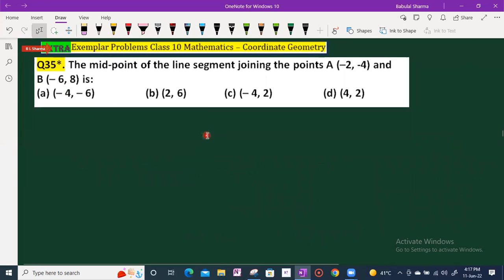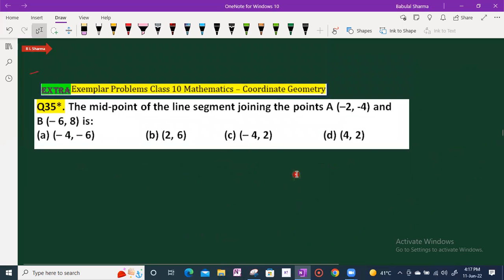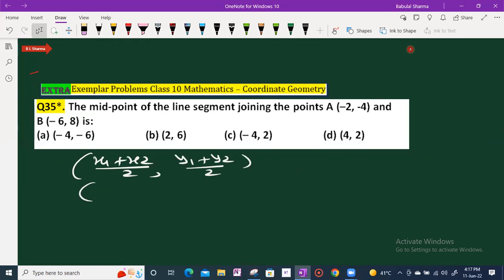Next question. The midpoint of the line segment joining A (-2, -4) and B is... we know the midpoint of a line segment with the given endpoints is (x1 plus x2) by 2, that will be the x coordinate, and (y1 plus y2) by 2, that will be the y coordinate.